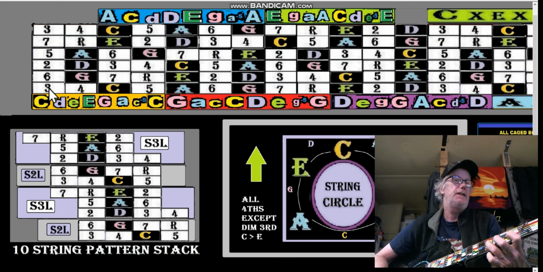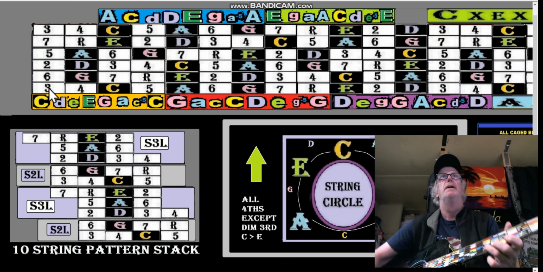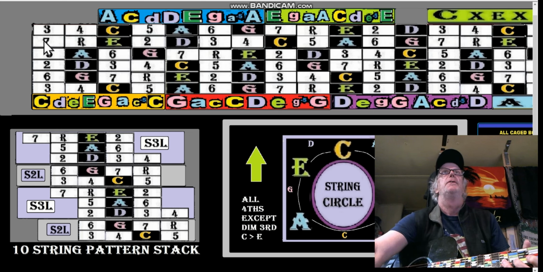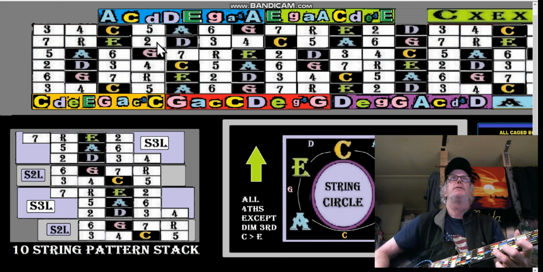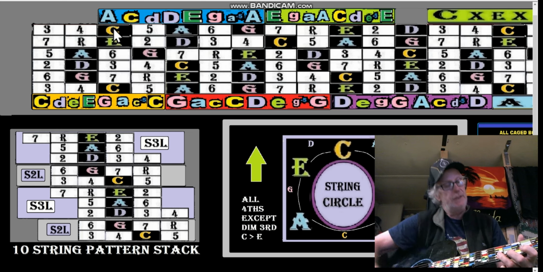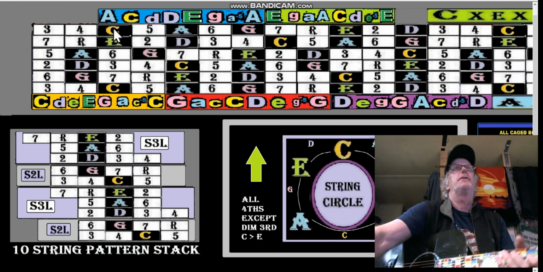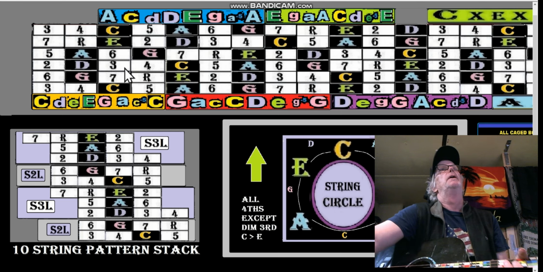Fifth of D is A. 5, 6. Fifth of A is E. Okay, but it wraps over. 7 root 2. So this is the E shape. 7 root 2, and then back up to C, because instead of the fifth of E being B, we're going to C, like that.